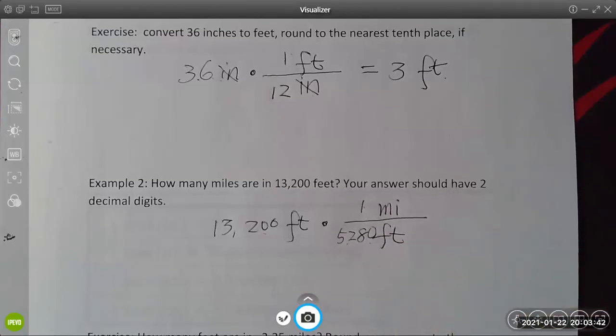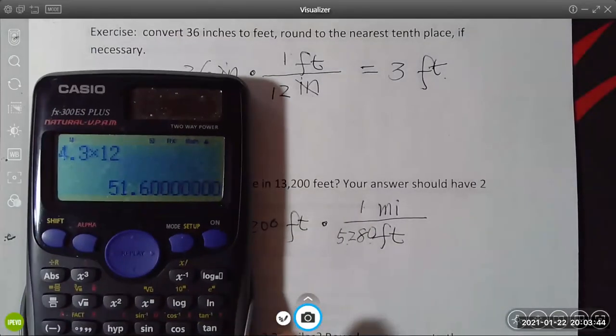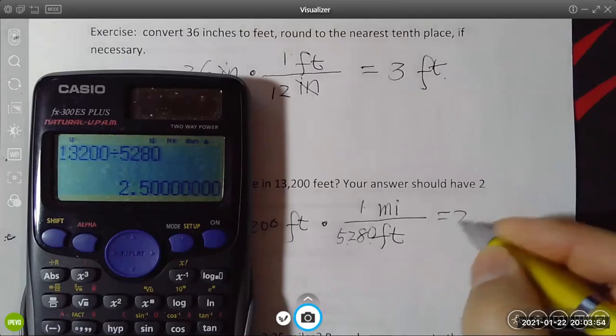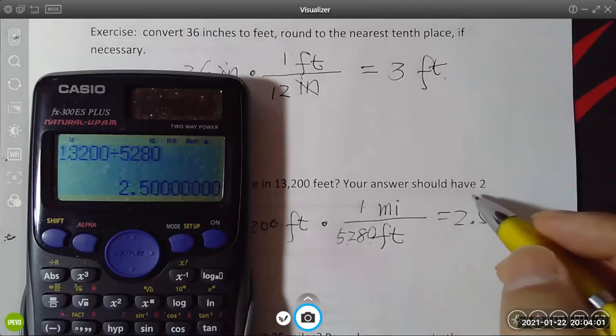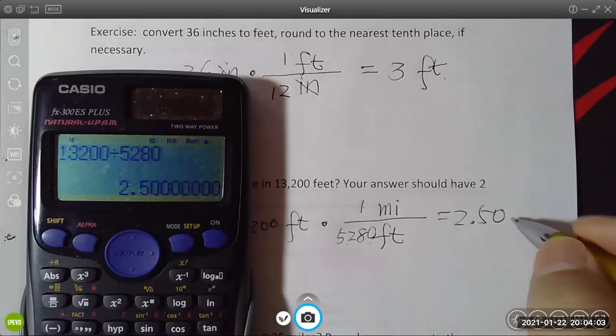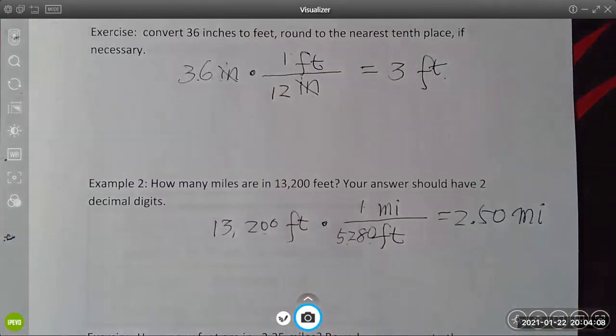So I'm going to use my calculator. 13,200 divided by 5,280. I got 2.5 and many zeros. So the rest are zeros. I actually divided evenly. Since we are required to have 2 decimal digits, I'm going to stop here. This is our final answer. 2.5 miles. So 13,200 feet is the same as 2.5 miles.